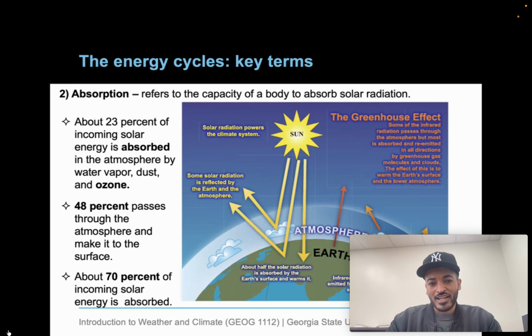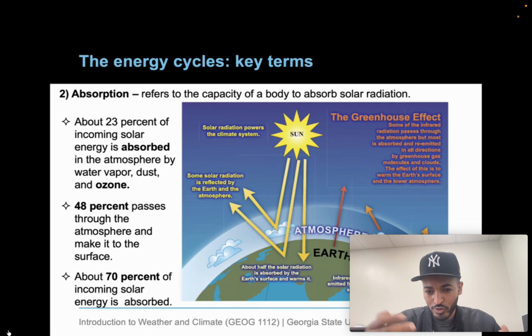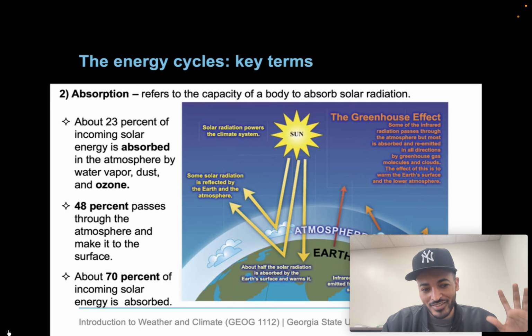Only about 23% of the incoming solar radiation is directly absorbed by the atmosphere. Much of it, as you'll see in the next slide, is scattered and reflected, because in the atmosphere we have different particles and molecules that interact with this solar radiation. But remember, about 23% of the incoming solar radiation is absorbed.